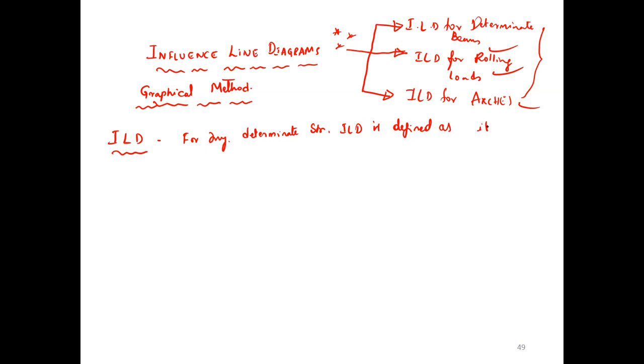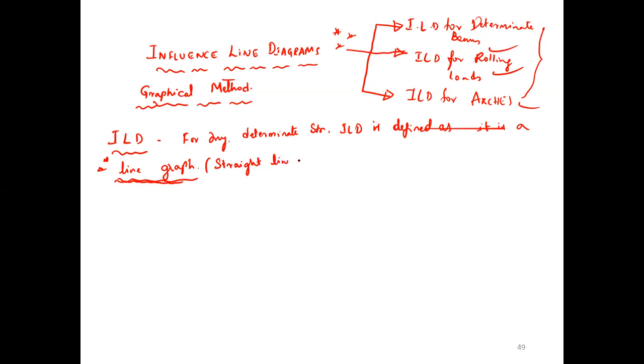It is very, very important. Generally they will ask which type of graph ILD is, linear or line, or they will give parabolic, cubic, a few options. ILD is always a line graph, or you can say a straight line only.